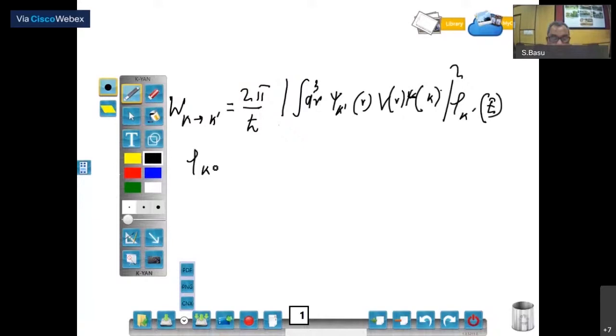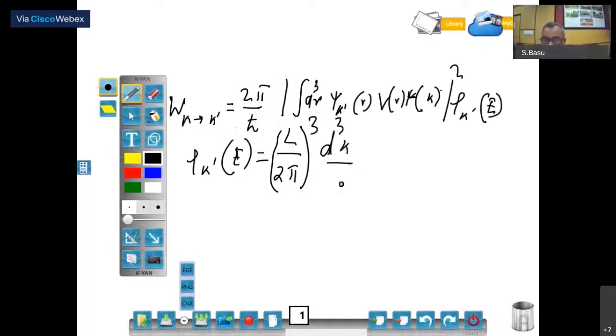Now this rho k prime E is given by this term, which comes because for a box of side L, you have one k value in 2 pi by L. So the density is L by 2 pi, and because there are x, y, z directions, it is (L by 2 pi) cubed.